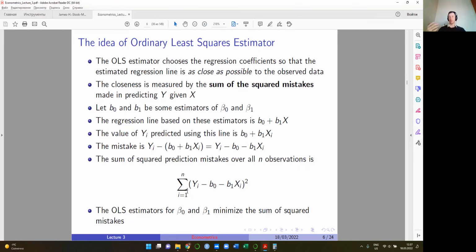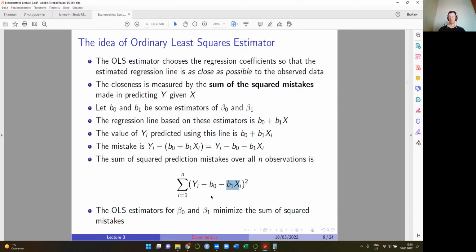Once again, we want to find such values of these two unknown parameters, beta 0 and beta 1, based on the sample, such that when we are predicting the value of y, the sum of squared mistakes is going to be the lowest possible.